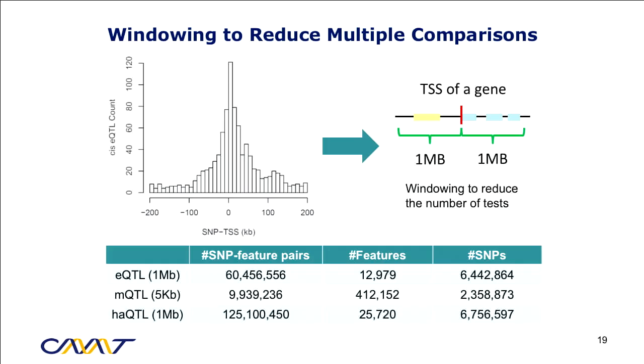So if I use a window of 1 megabase, then I should be able to cover the majority of the eQTLs. People observe a similar trend for histone acylation QTLs. And as for methylation, you only need about tens of kilobases. If we apply those windows, then we're down to several millions of association tests as opposed to trillions.